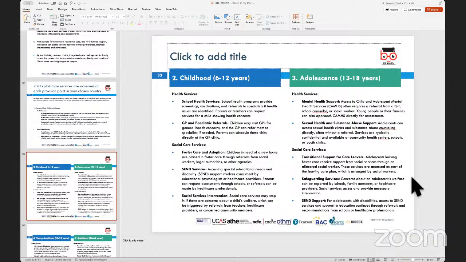So when I ask what is the provision for childhood care services, that would mean, from a local authority perspective, education. That means school health programs. If you recall going to school, there were different types of healthcare programs or awareness days which were organized to ensure that you are able to get the information and education to understand how the provision of these services is done.